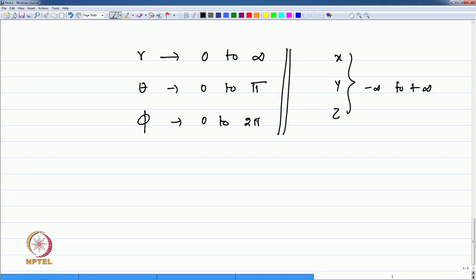Therefore, these are the limits, and dx dy dz, which is a volume element in Cartesian coordinate space, will have to be expressed in terms of the volume element in the spherical polar coordinate system, and that is given by r square dr sin theta d theta d phi.